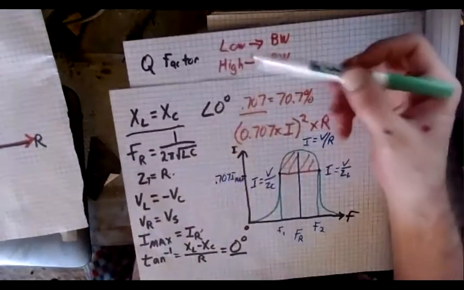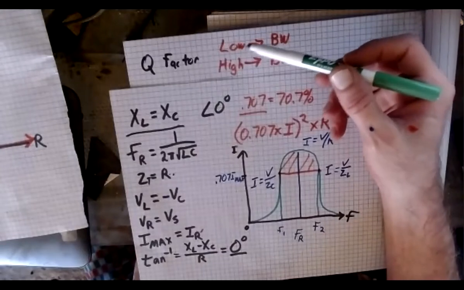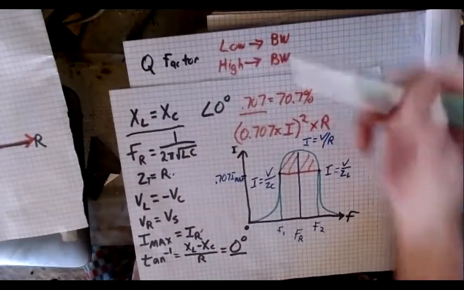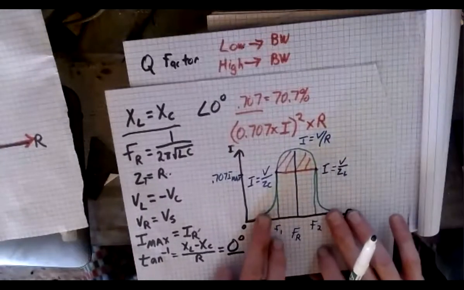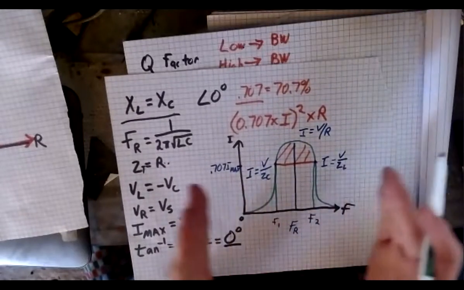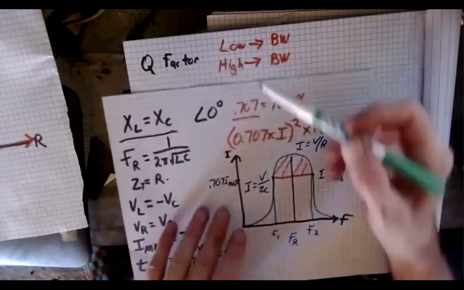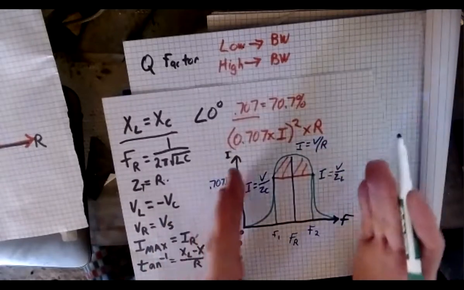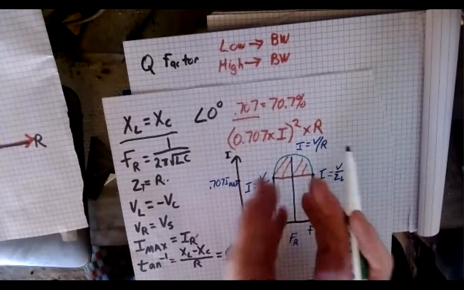Now, if I go with a low Q factor, I have the maximum bandwidth available to me. I would have a greater range, if you will. A high Q factor brings it in and I have less of a range.